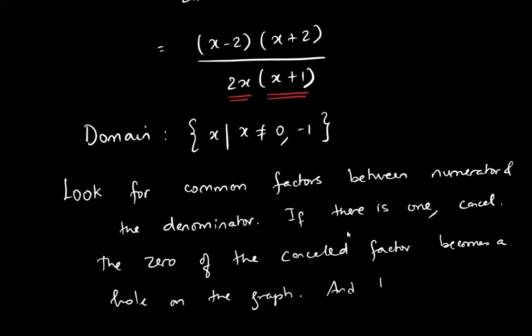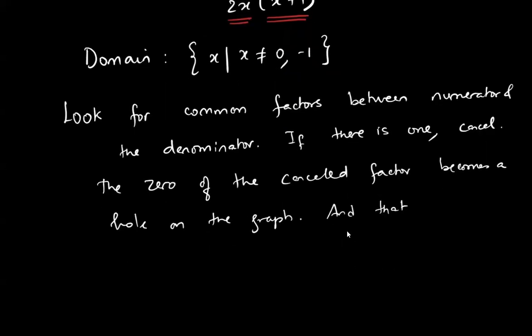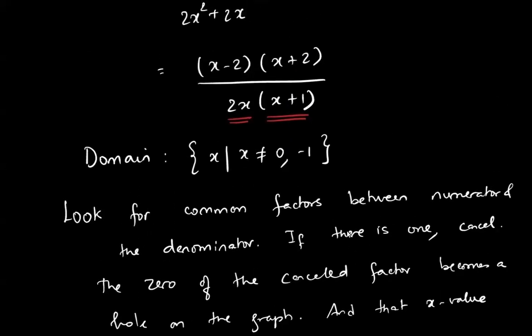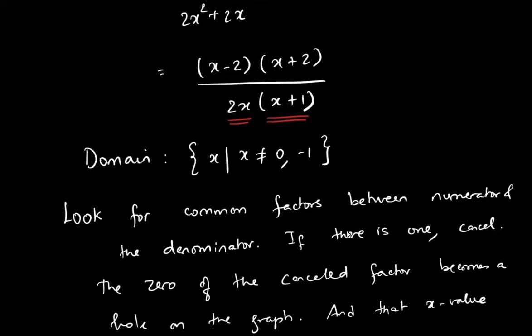And that x value does not become a vertical asymptote. In this function that I have just been working on, there is no common factor, which means there is no hole in my graph.